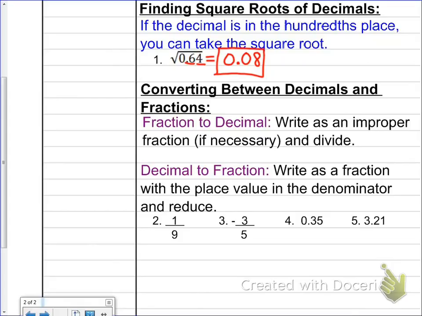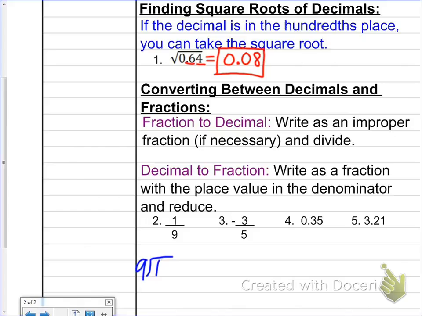So all I'm going to do is I'm going to divide. Now, when I'm dividing, remember the denominator goes on the outside and the numerator goes on the inside. Let me move that down just a little bit. So 9 goes into 1. So how many times does 9 go into 1, guys? 0.